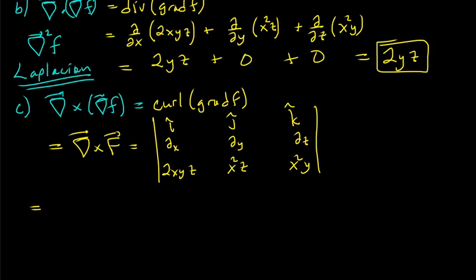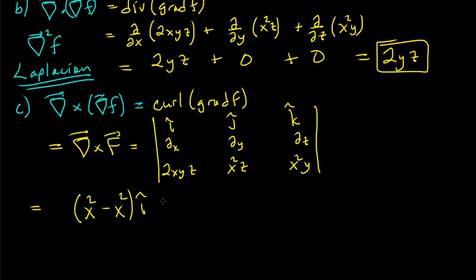So for the i component, we take this determinant. I'm not going to write it out this time. I think we can do this in our heads, right? The partial of x squared y with respect to y is just x squared. And then the z partial of x squared z is x squared.